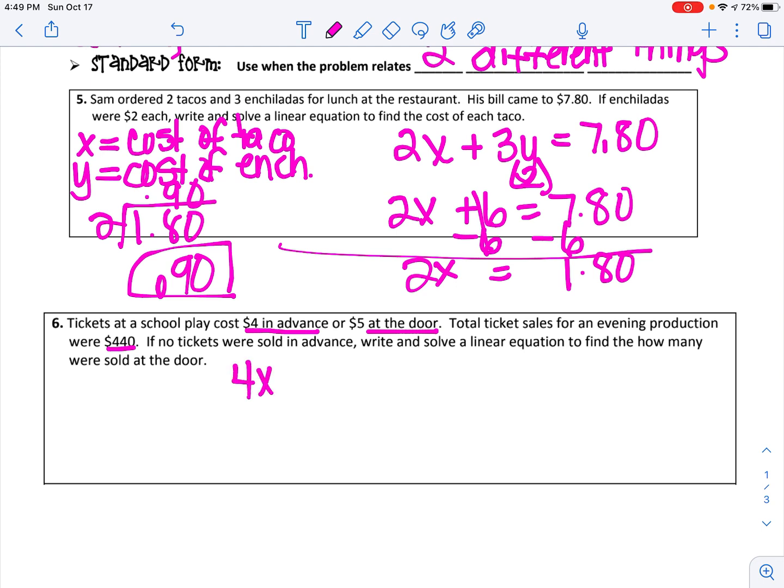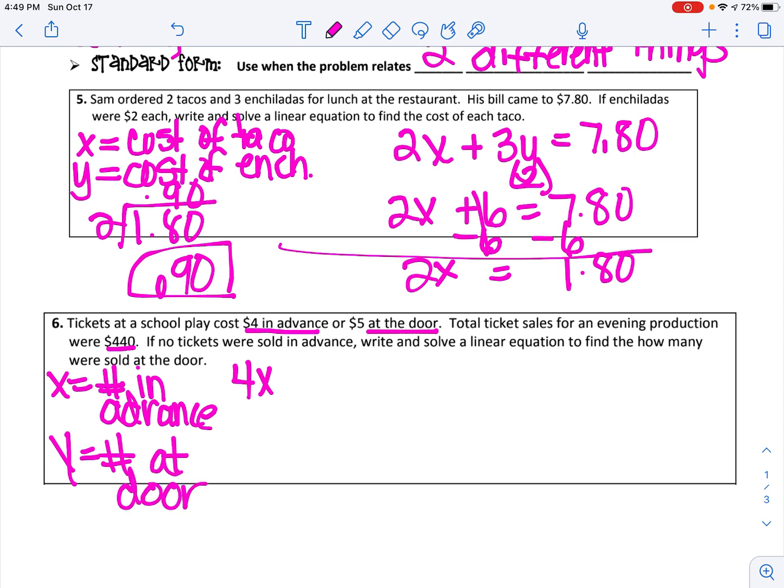So if x is the number sold in advance and y is the number sold at the door, my equation would be 4x plus 5y equals 440.